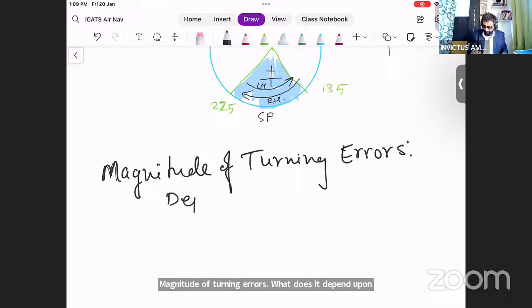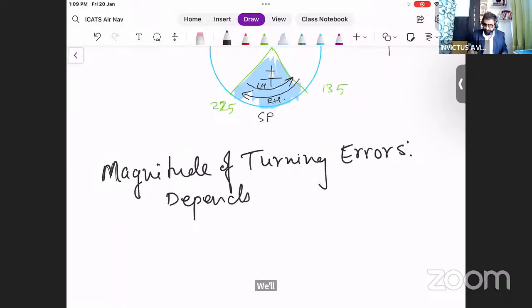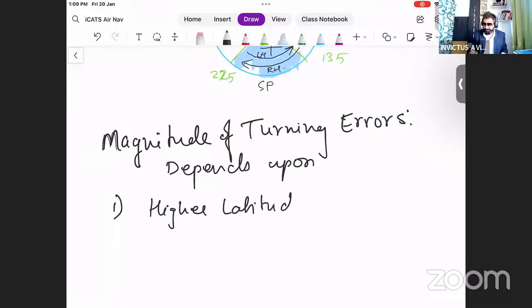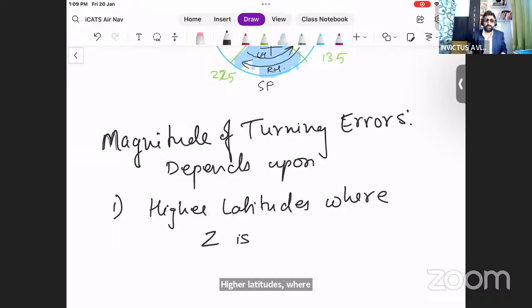We'll say it depends upon, number one, higher latitudes where Z, that is the vertical component of Earth's magnetism, is stronger.